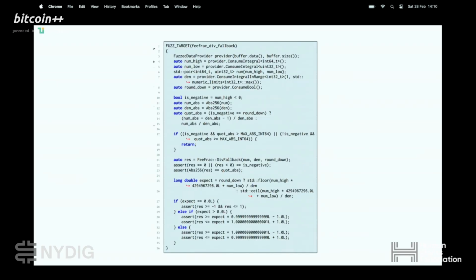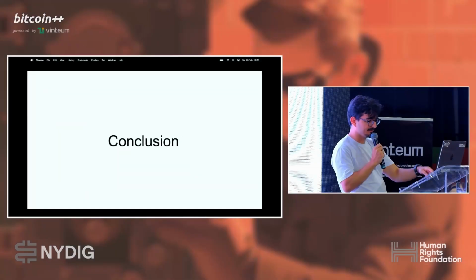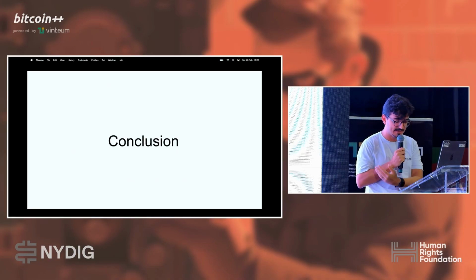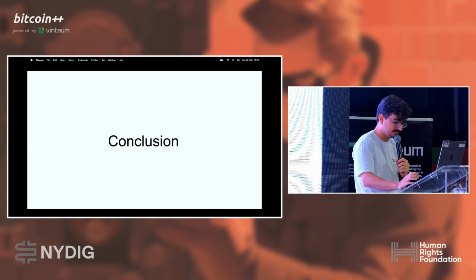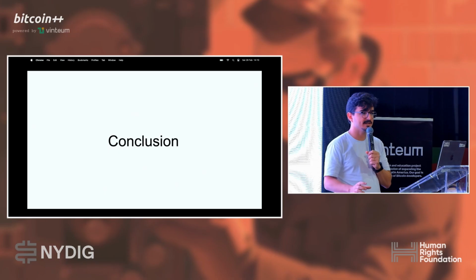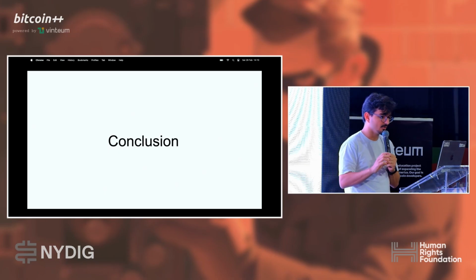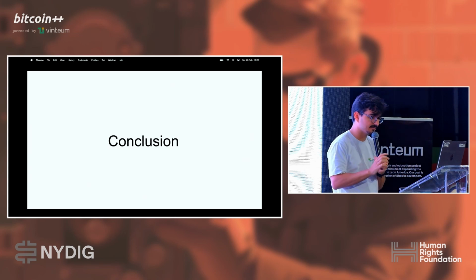The conclusion is basically that the evidence we presented in that paper suggests that depending on how we write the fuzz target, we can detect more bugs. So we have to pay attention to how we are writing our fuzz targets.